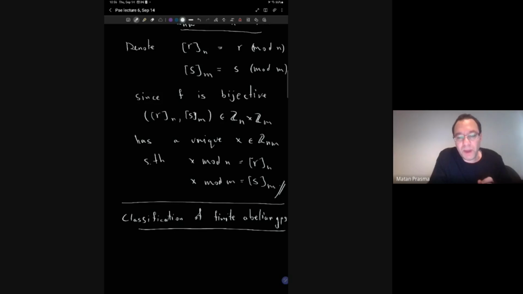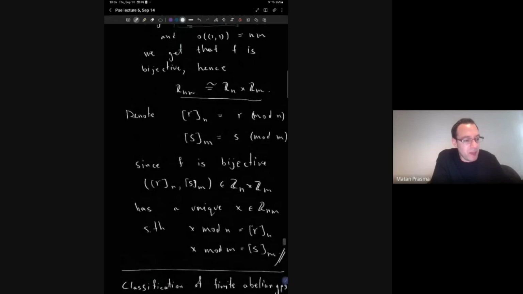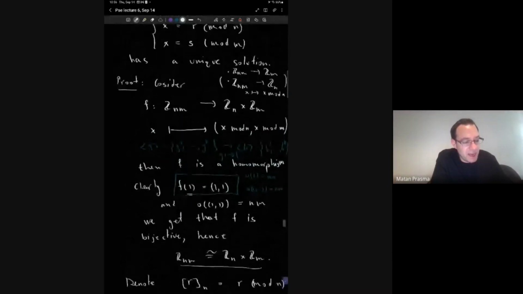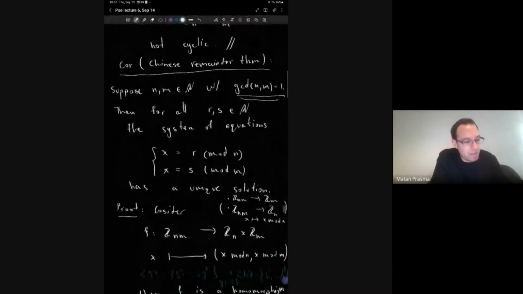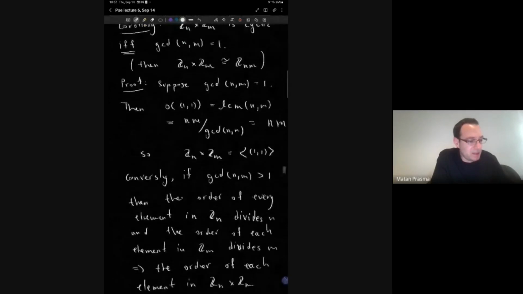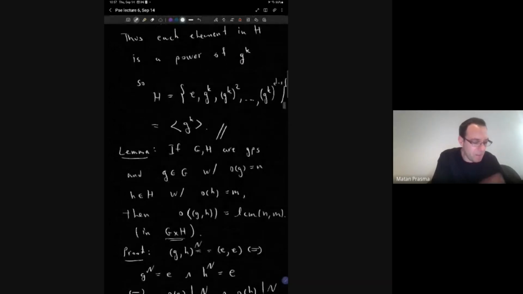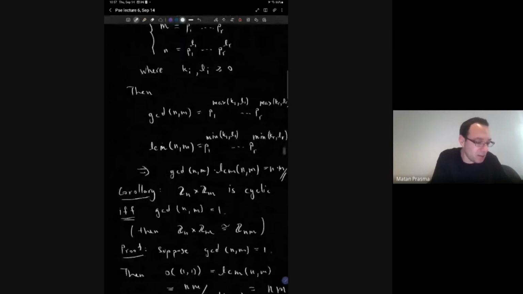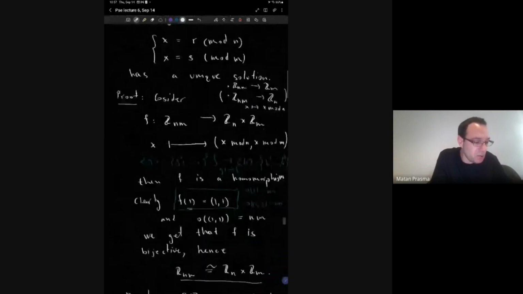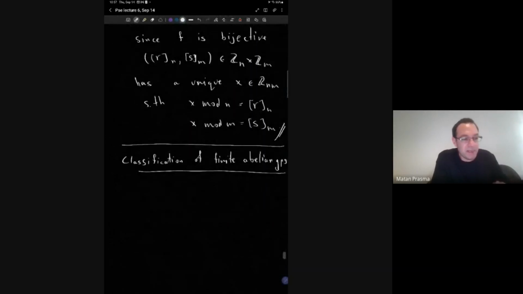And we will see eventually, we actually saw the beginning of this classification result by the proposition that told us that integers modulo n times m is in fact the Cartesian product of integers modulo n and integers modulo m in some cases.